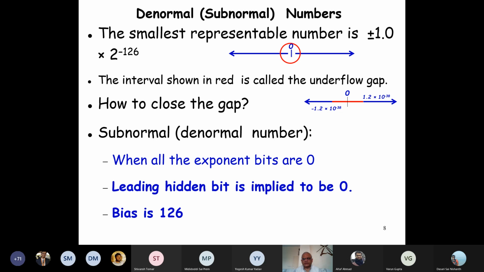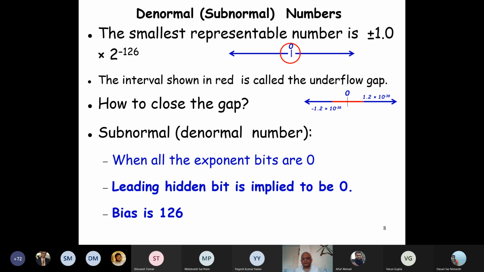There is a huge gap here. For scientific computation, this is important actually. So the purpose of the denormal numbers is to close this gap. If you look on the blue line here, the distance between two consecutive floating points here is much smaller than this gap.